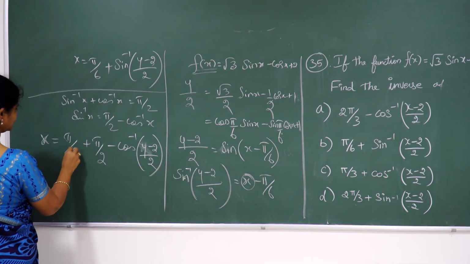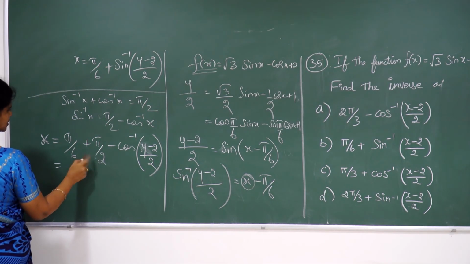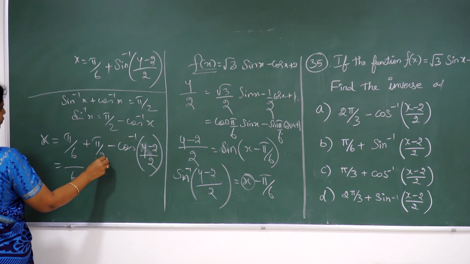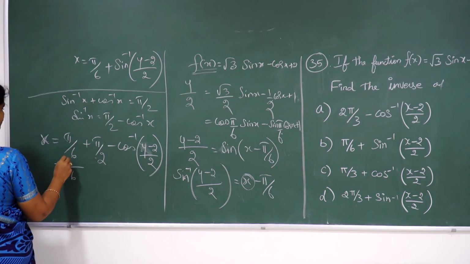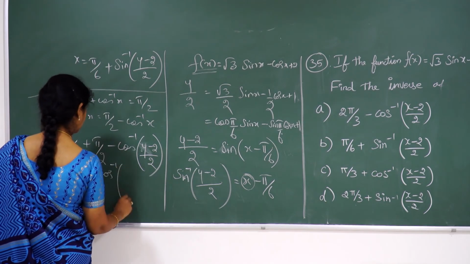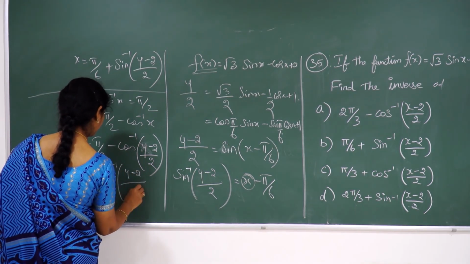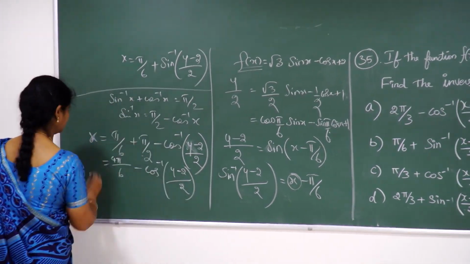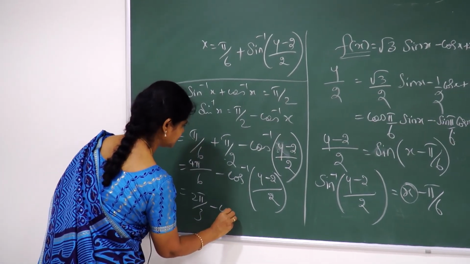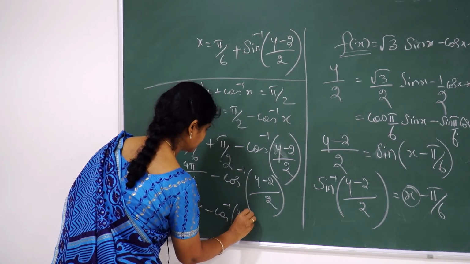Next, when you add these two things, you take the LCM, 6 here, 2 into 3, so 3 pi by 6 plus pi by 6, that is 4 pi by 6, minus cos inverse of (y minus 2) by 2. Okay, so this is your inverse, that is 2 pi by 3 minus cos inverse of (y minus 2) by 2.